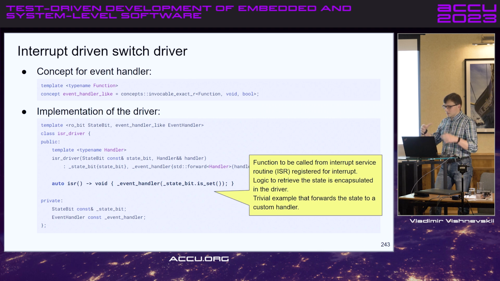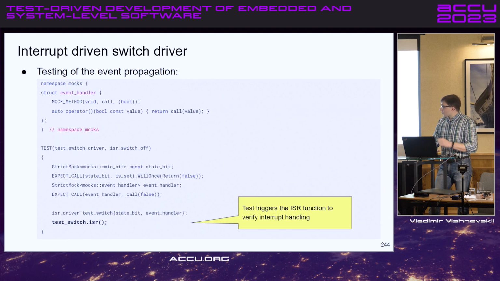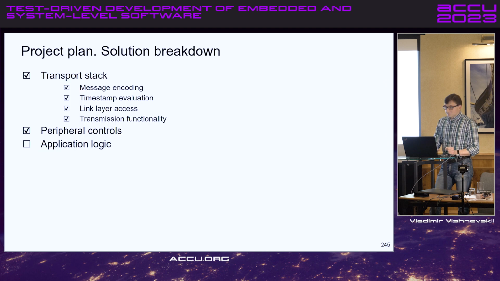Depending on the architecture, most likely the driver will be the global object, and this will be triggered from the interrupt service routine function. And again, in our case, the logic is trivial, just the state is propagated. We can then trigger this function to verify the logic that typically will be triggered by the interrupt service routines. Okay, so we now also implemented the peripheral controls.